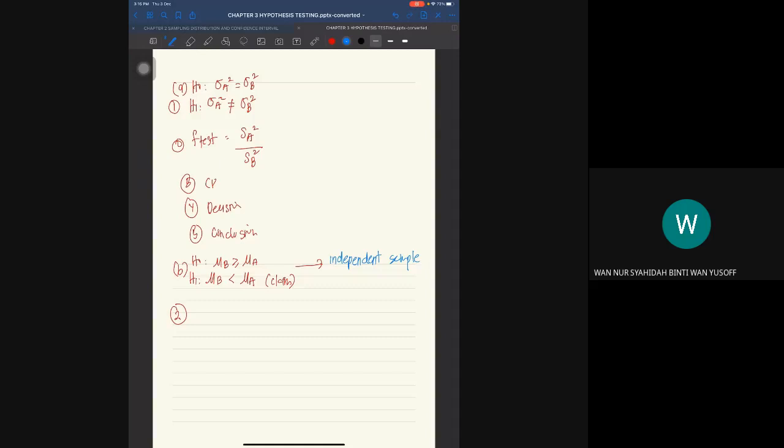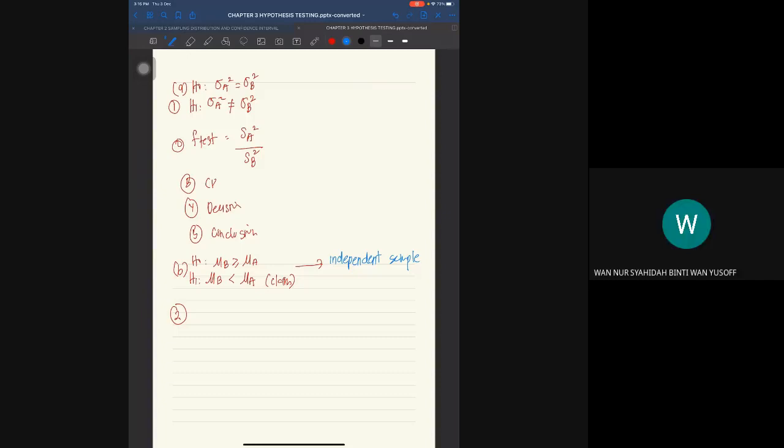The first condition is sigma known or unknown.